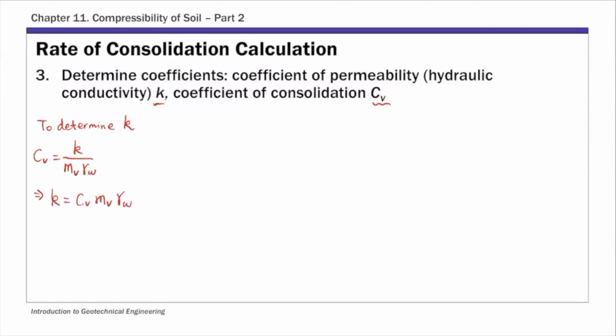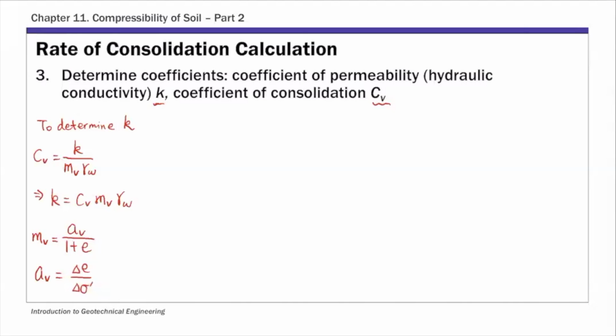In this expression, we have this m_v, coefficient of volume compressibility. And m_v is related to coefficient of compressibility, a sub v, through this expression here, where a sub v is basically the instantaneous slope of that e-log-p or log sigma prime plot.